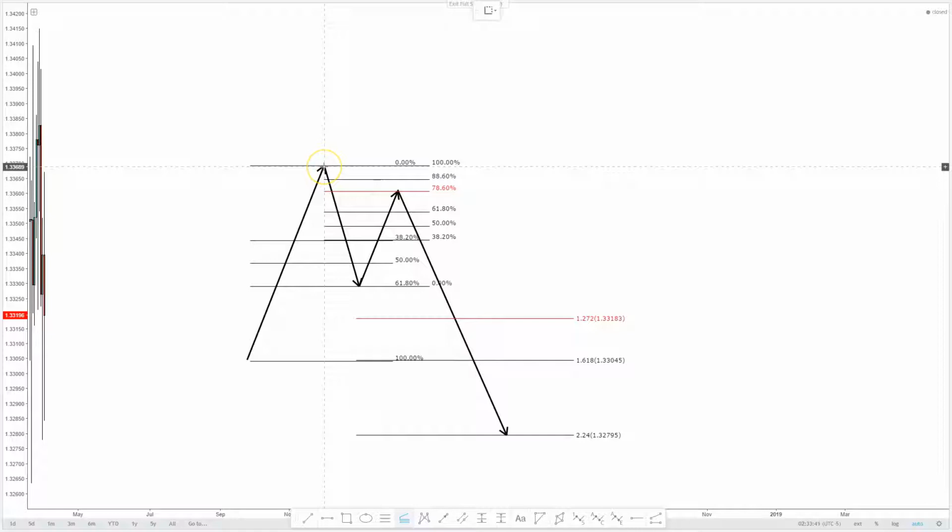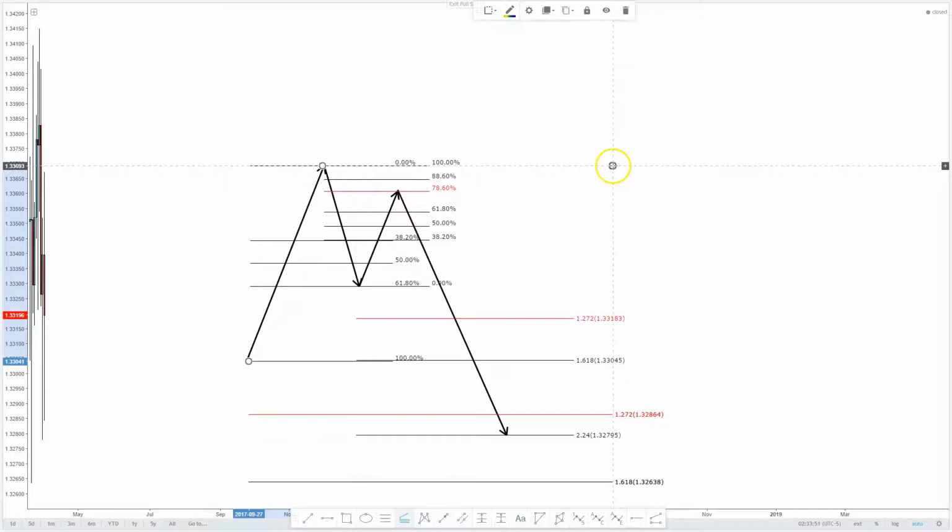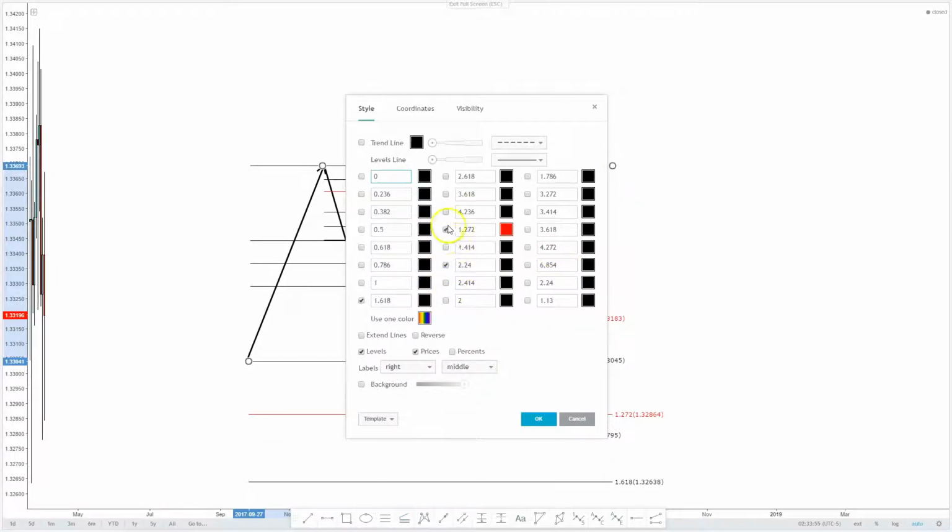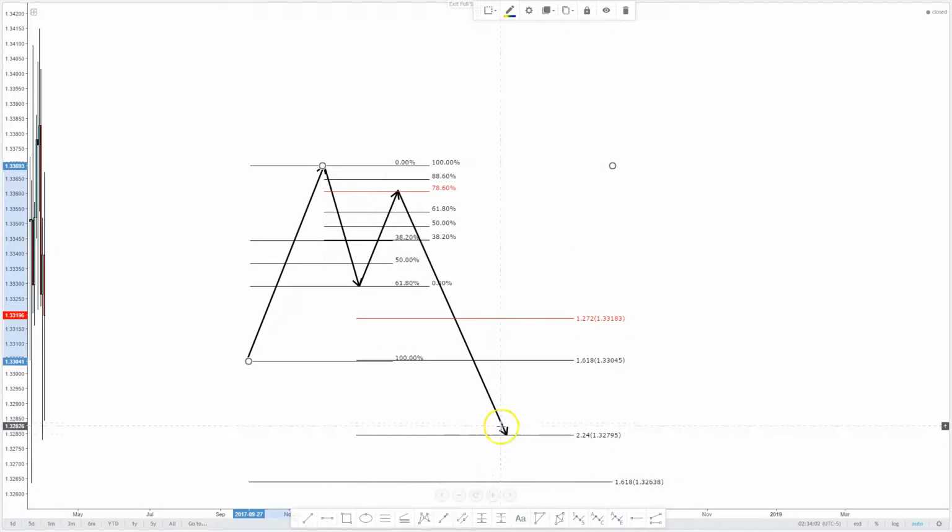Now let me do an AXA. I already did ABA. Let's do an AXA and try to get that 1618 for the extension. Classic crab pattern. Boom, pull it up. Erase this 127. You see the 1618 is all the way down here.